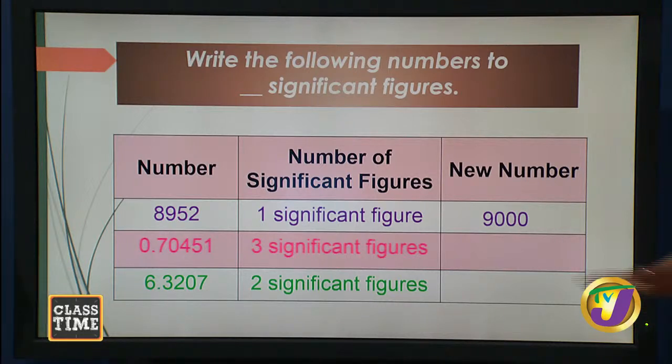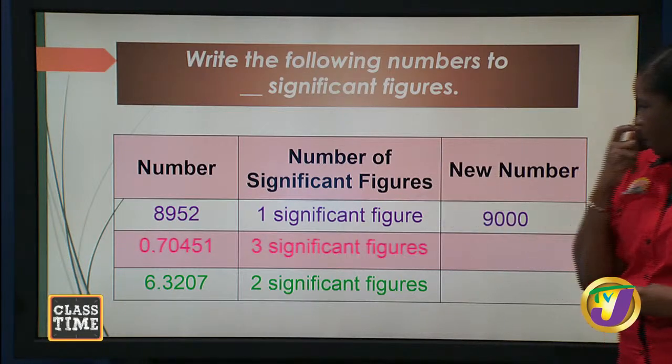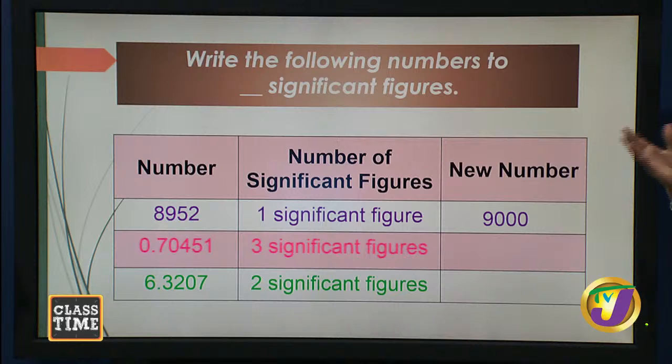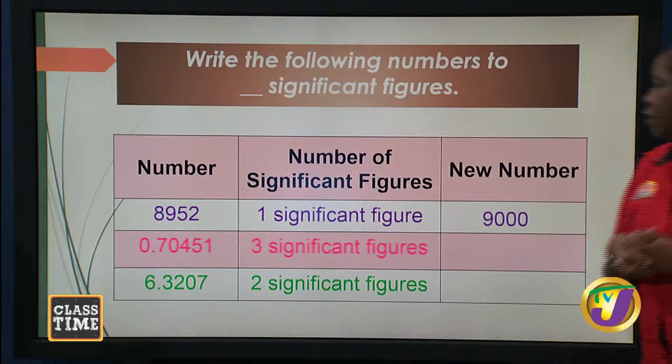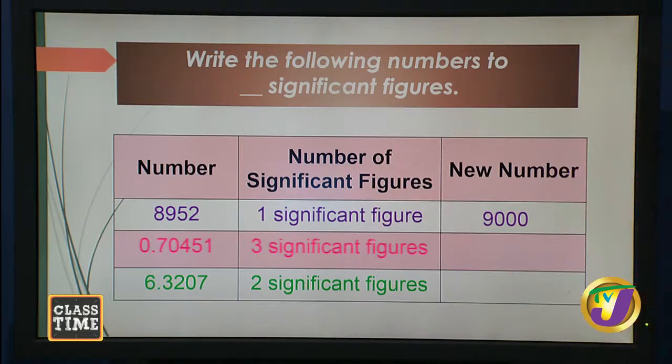Let's see this one to 3 significant figures. The first 0, I know, would not be significant, because it's just there for cosmetics and it's a leading 0. So I wouldn't start counting from that 0. Which one would be the first significant digit? 7. So we're counting 7, 0, and 4. But what about that 5 that comes after the 4? Does that affect it?